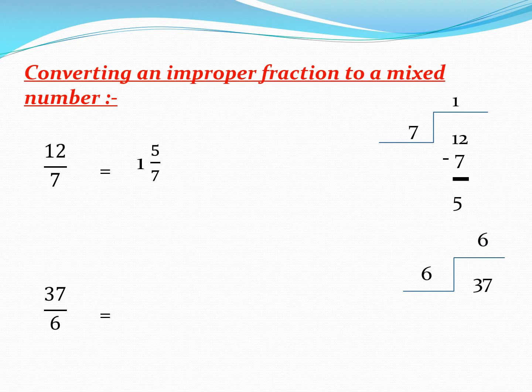So I will write 6 in the quotient. 6 times 6 equals 36. 37 minus 36 equals 1. Like what we did before, we write the quotient as the whole number, the denominator doesn't change, and the remainder is written in the numerator. So we have 6 as the whole number, 6 as the denominator, and 1 in the numerator.